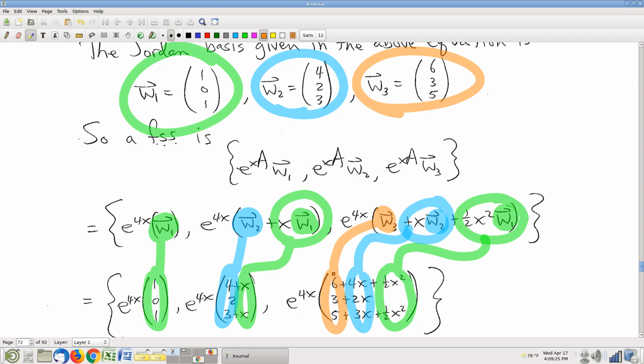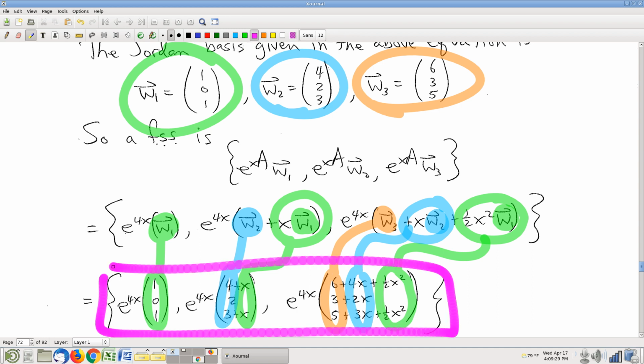And here is our fundamental set of solutions. And by the way, just in case you might not have noticed, that's the exact same fundamental set of solutions that we got after several pages of tedious back solving in our original approach to this problem. And here we got it simply by citing a formula.